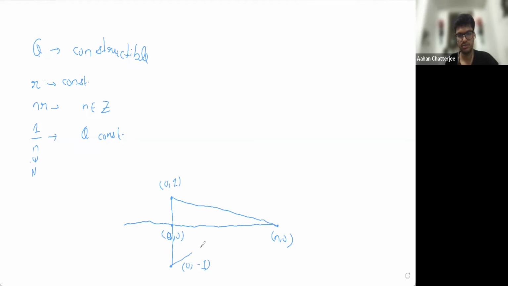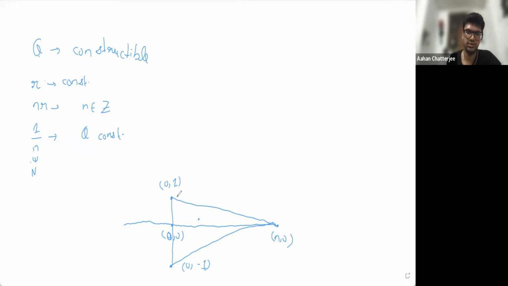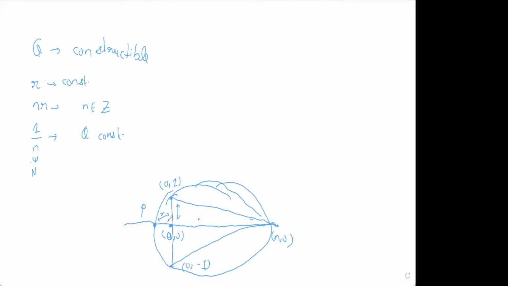This triangle consists of constructible points, and so you can construct the circumcenter of this triangle as well, right? Perpendicular bisectors can be drawn.